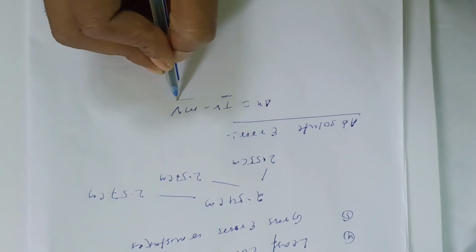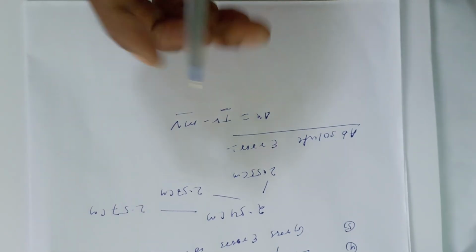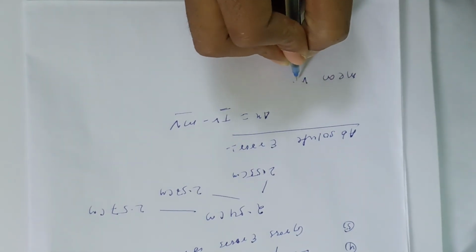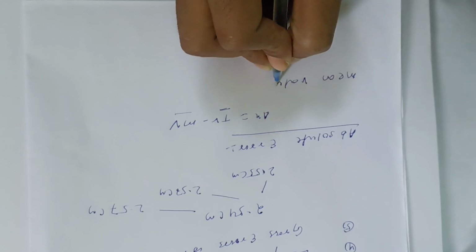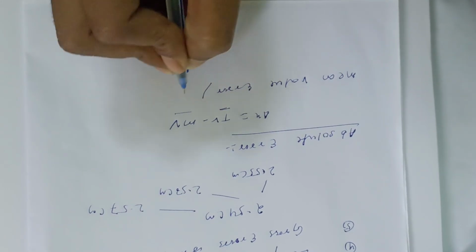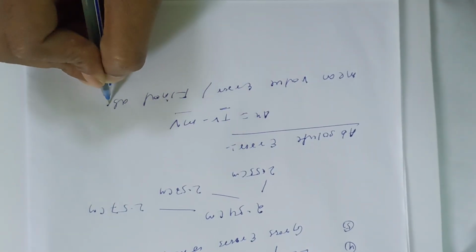True value and measured value, this is called absolute error. Mean value error, or we say final absolute error.